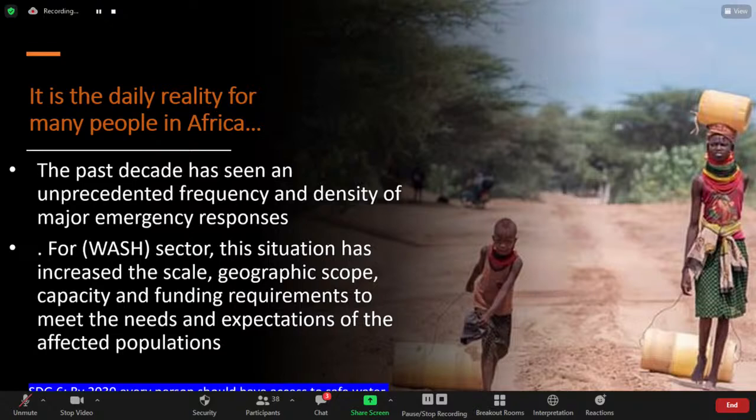So in essence, what this implies is that Sustainable Development Goal number 6, the target of having by 2030 every person with access to safe water and sanitation services, is becoming more compounded when access is only to a segment of populations because of the dynamics around the geographical areas that they live in.